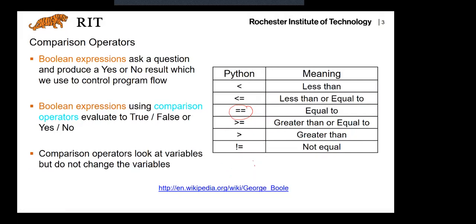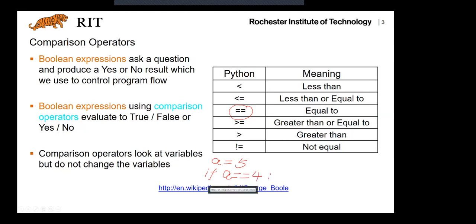So let's see, you have a variable, like a, and you assign a value 5 to a, and then the if statement will check if a equals 4.